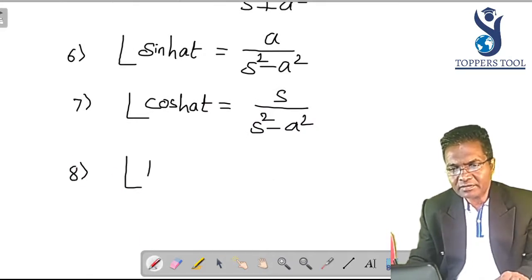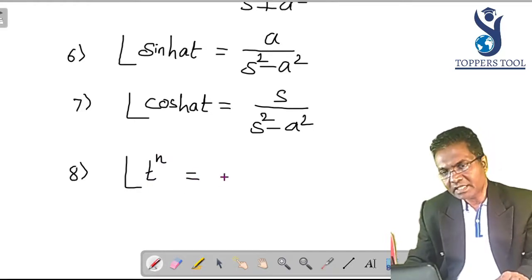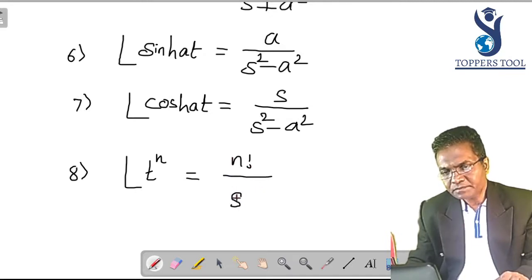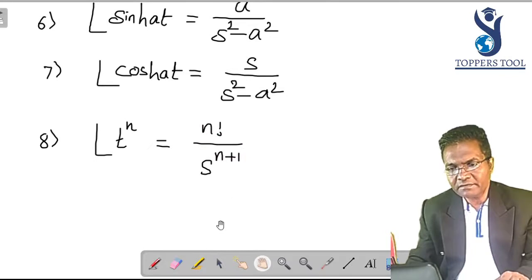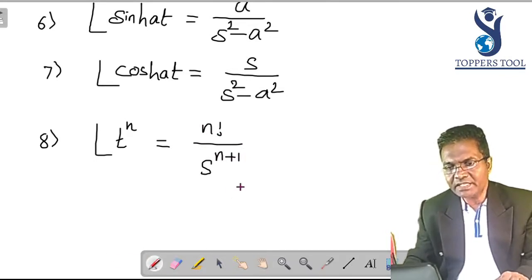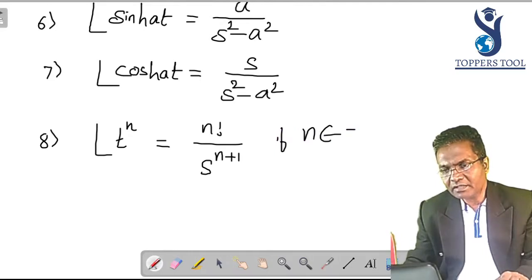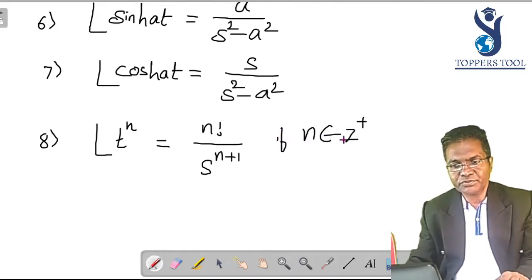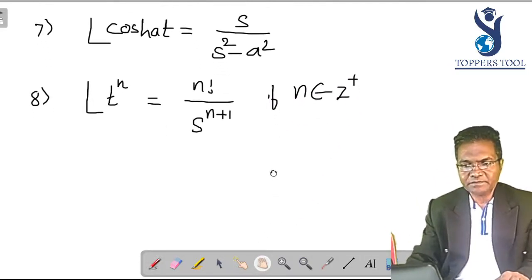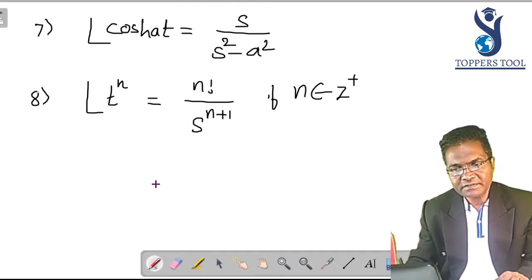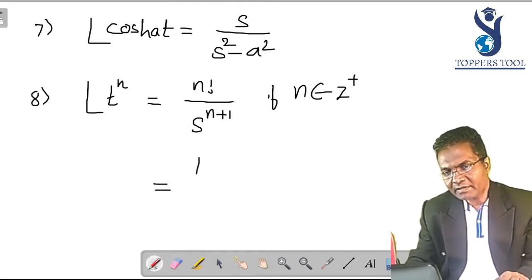Laplace transform of t power n is n factorial by s power n plus 1, if n is a positive integer, n belongs to Z. Otherwise, we have an alternate formula.